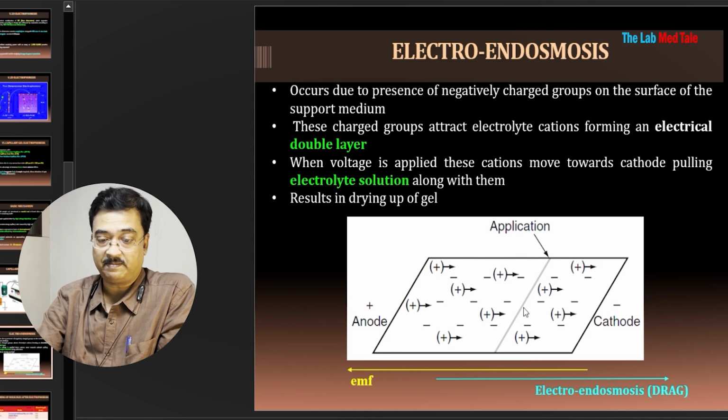Now this is application, and you are expecting the molecules, on the basis of electronegativity, to move towards the anode. Now what happens? These clouds start moving to the opposite side, because these are the strongly bound negative charges, and around them there are some loosely bound positive charges which are freely movable.